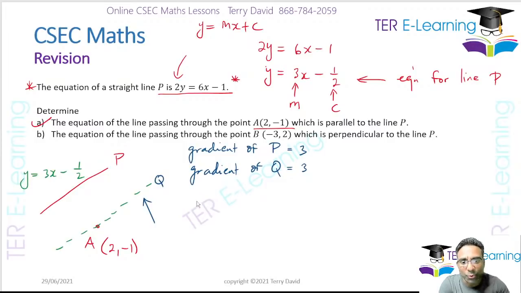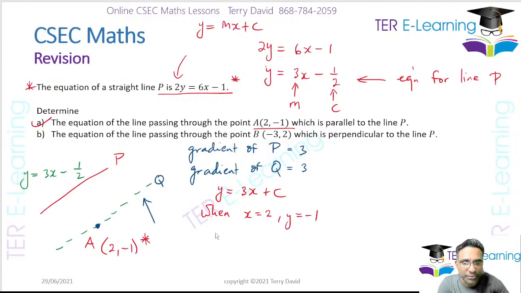Now, we also know that this line Q passes through the point (2, -1). So we know that the equation of Q must look like this: y = 3x + c. What we really need to do is figure out what c is. In order to do that, I'm going to use the point A. When x is equal to 2, y is equal to -1.